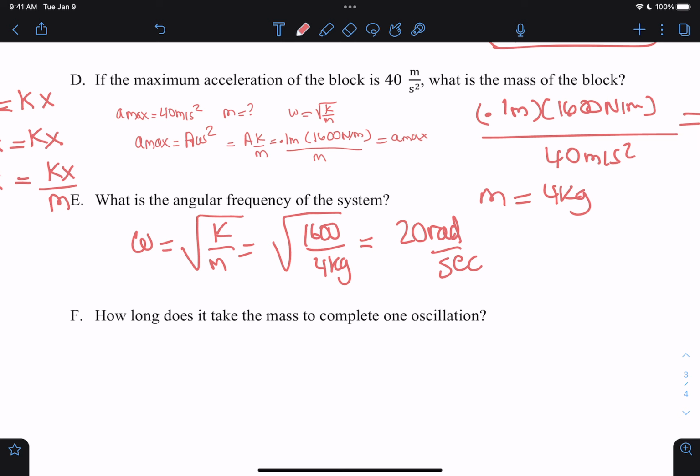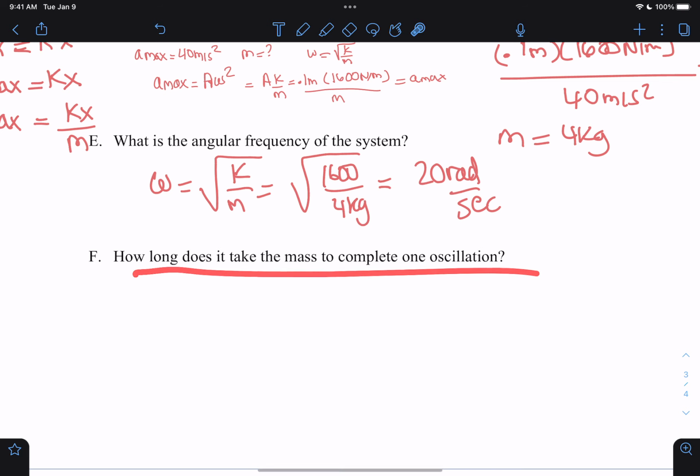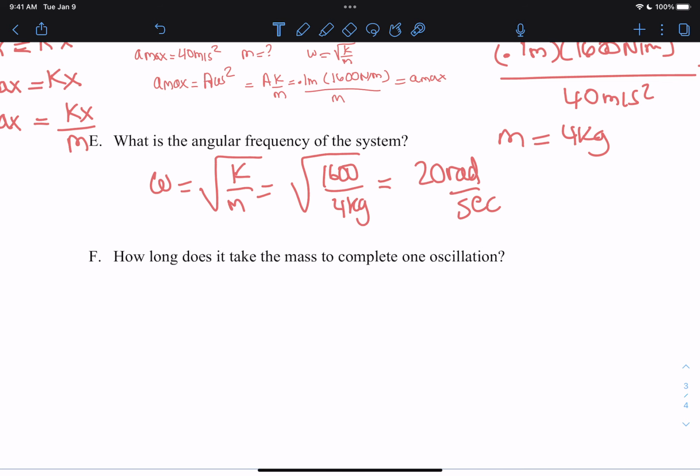Now, part F, where it's asking how long does it take to complete one oscillation, what is this defined as? The time it takes to complete one oscillation. So I see, Carlos, you asked, can you use hertz as units? You mean for part E? No. For angular frequency, it's only in radians per second.